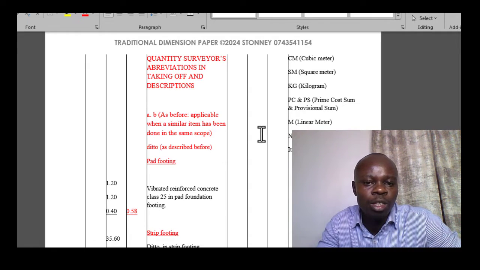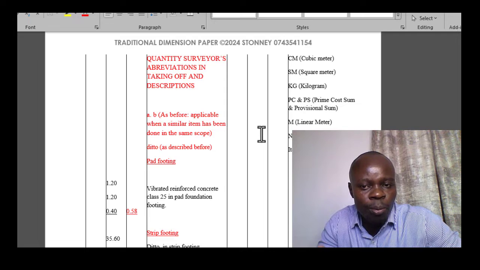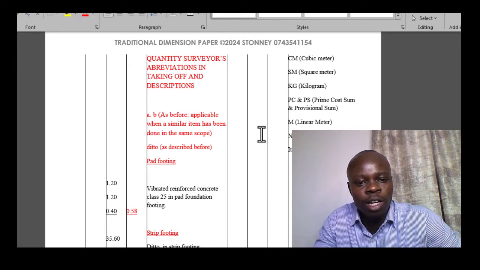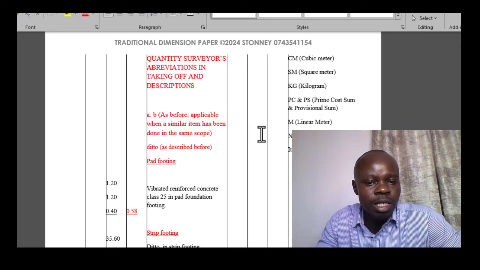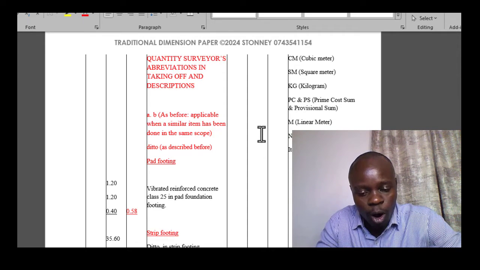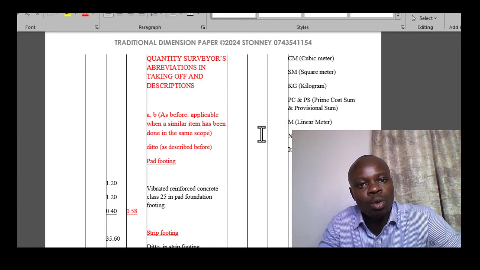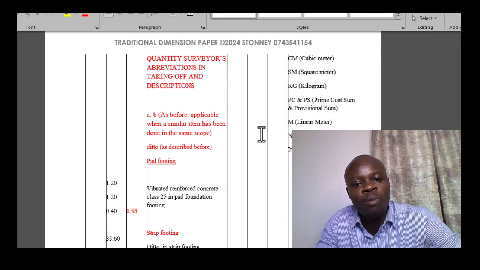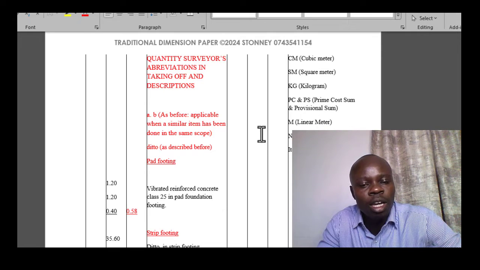So in this case, when we will be getting into the takeoff, it will be easier for us to communicate, because at instances I'll be using these abbreviations, which not all have been listed here, but almost all exist in the other soft copy book. So you should be in a good position to understand what I'm referring to when I use those abbreviations in our taking off and descriptions.